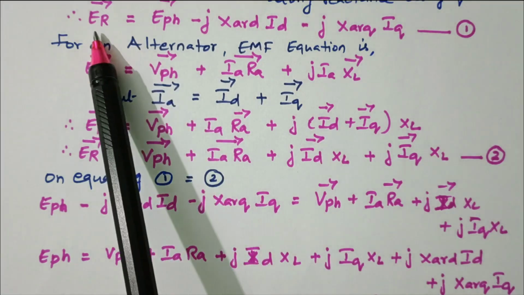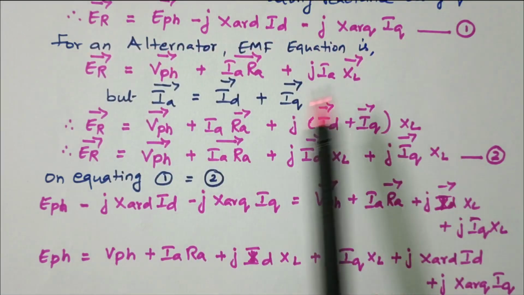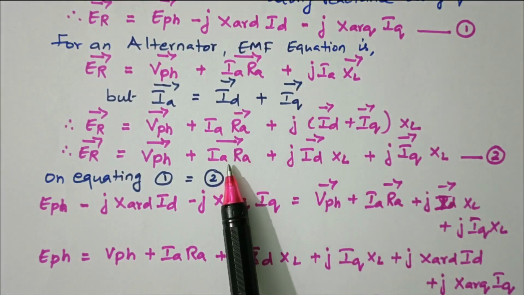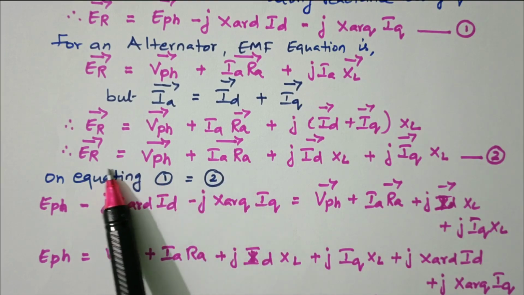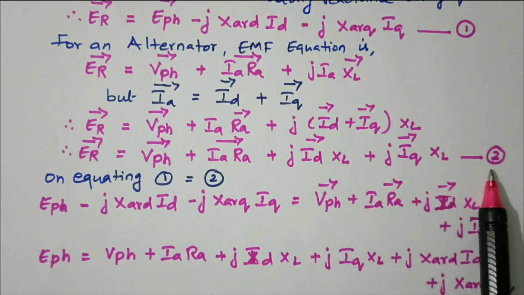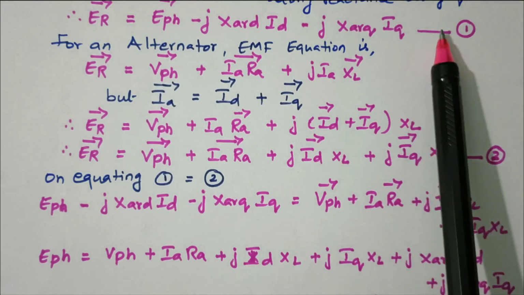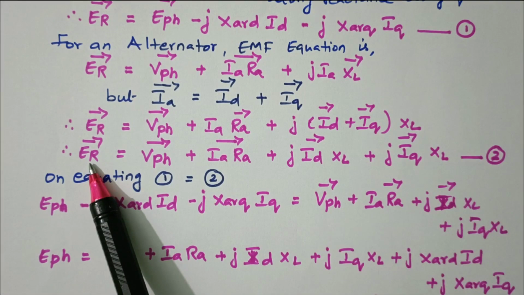So already we got the resultant emf equation 1, and based on the general concept of the alternator, we got the resultant emf equation 2. Both are the same, since equations 1 and 2 are nothing but the resultant emf.